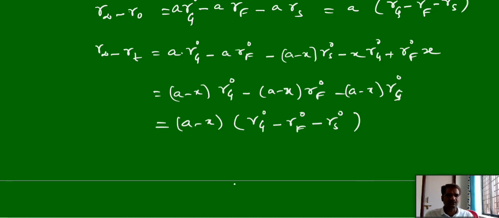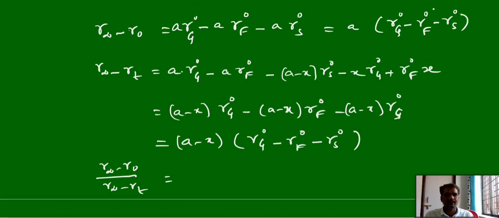Now you take the ratio, R infinity minus R0 by R infinity minus RT equals. Here we have R G naught and this one, and there also we have both the cases. I can cancel out these two, and what is left?